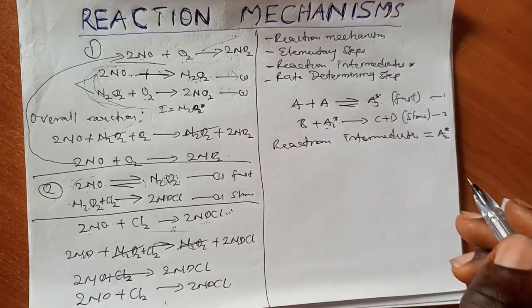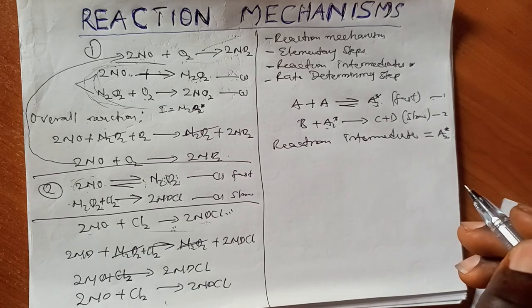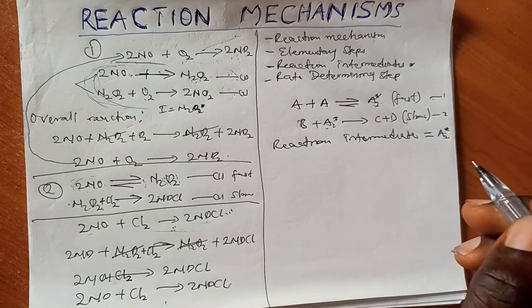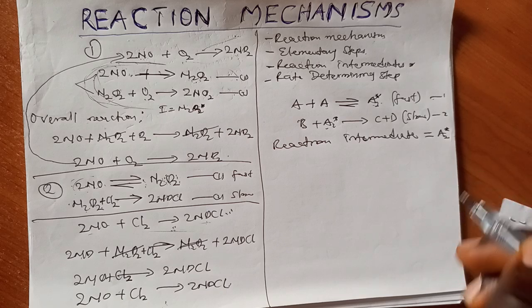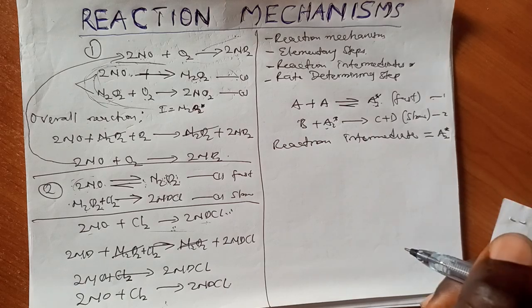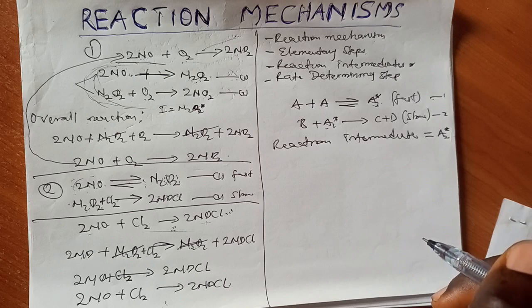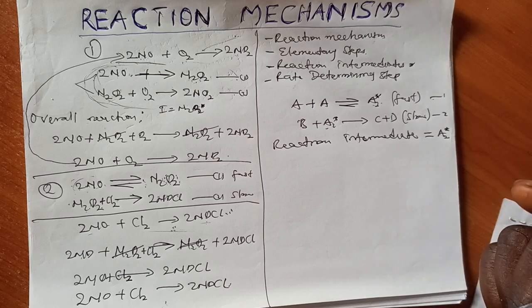But there are also some questions that will come to you where you will see the fast process as the rate determining step. It is so because the examiner only interchanges them and wants to see whether you are intelligent enough to manipulate your reaction and arrive at the right product formation.